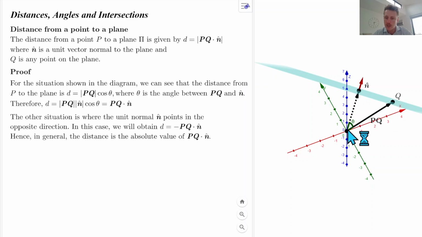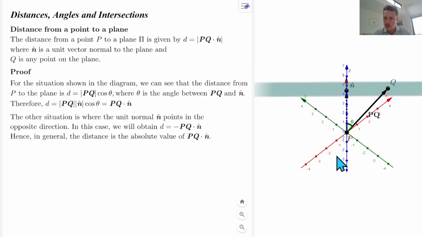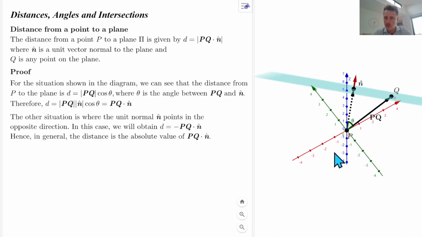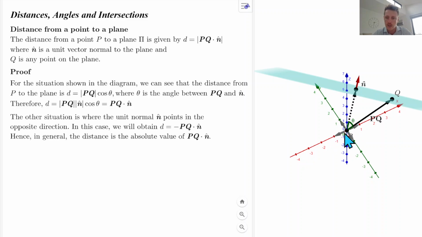If you think of basic trigonometry, and if I can get the angle right, you can see that we do in fact have a right angle triangle there. So we can apply our basic trigonometry rules and say that the distance is equal to the magnitude of PQ multiplied by cosine of theta, where theta is the angle between PQ and the unit vector n hat.